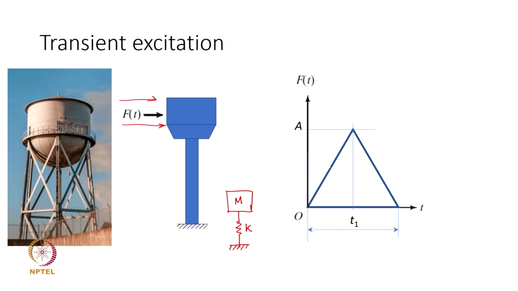That generates the transient excitation as given here for a short duration t1, and so the force suddenly rises to a value of A and then suddenly drops to 0 shortly. So, with this simplified excitation function, let us look at how we find the response of the tank to such a transient excitation.